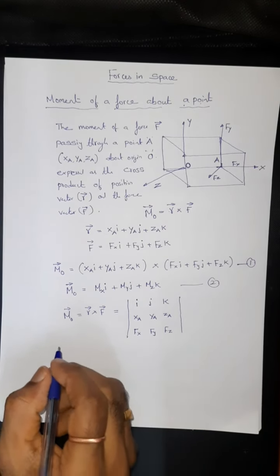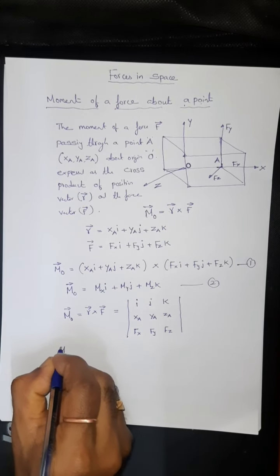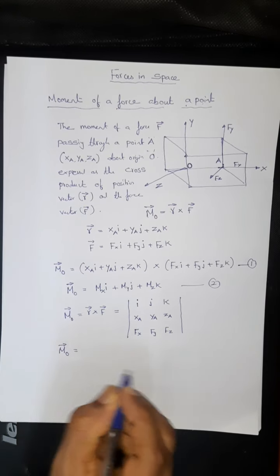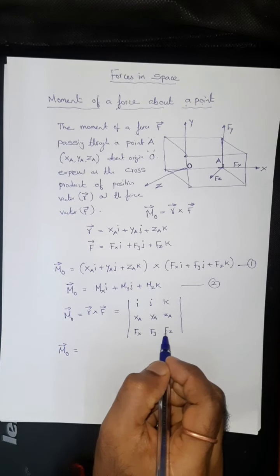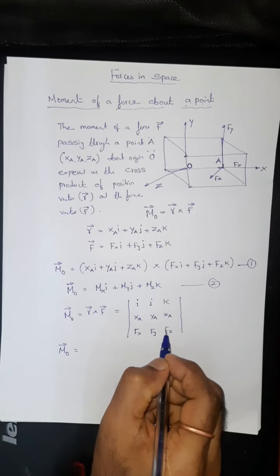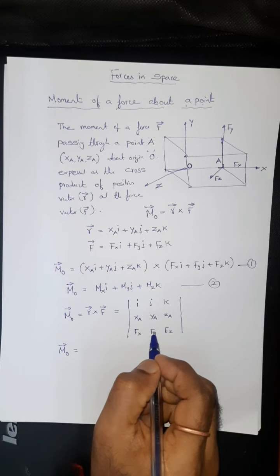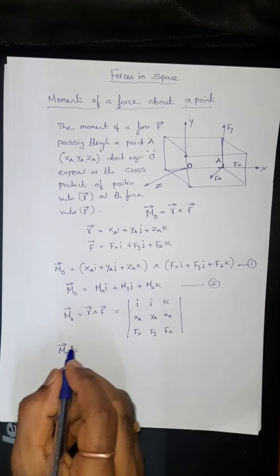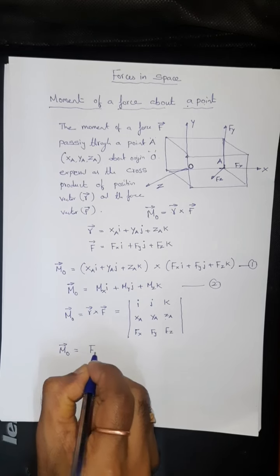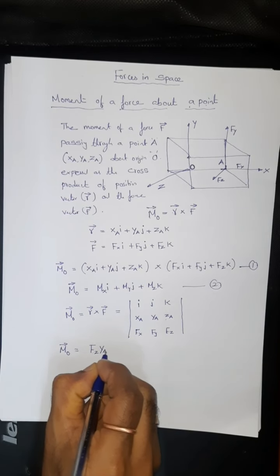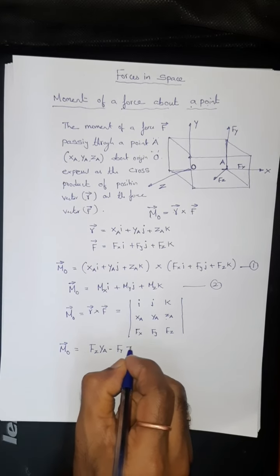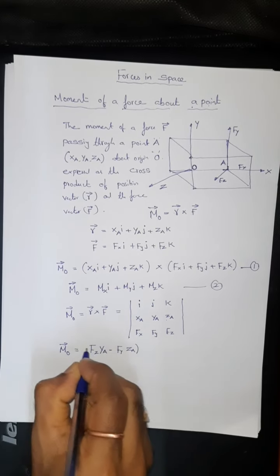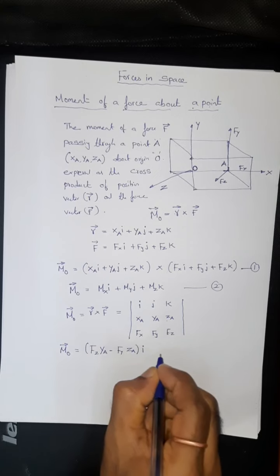Got it? So if you expand the determinant here, for the i component it would be Fz into yA minus Fy into zA. This is for the i component.